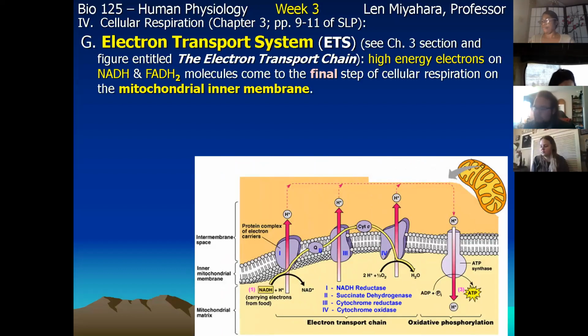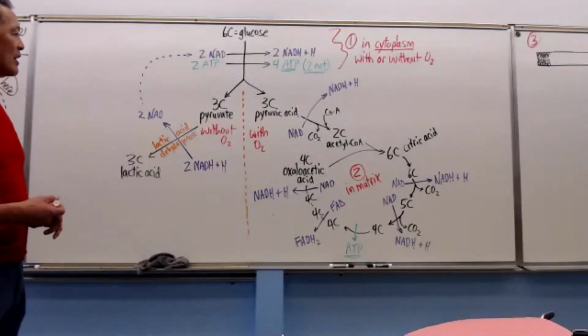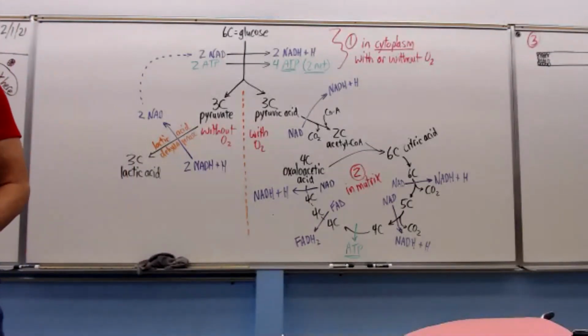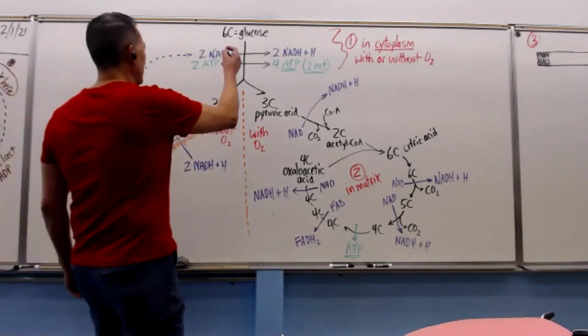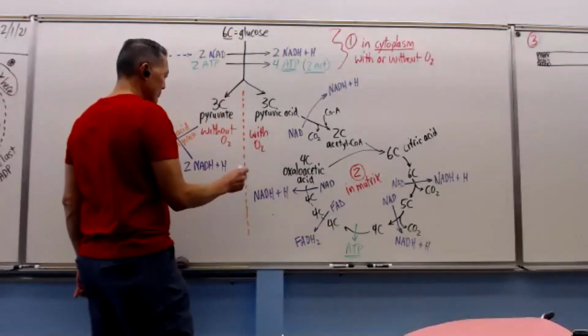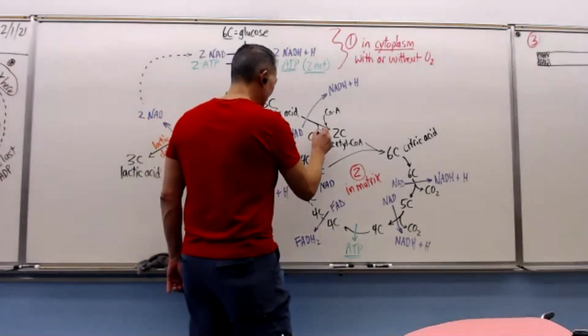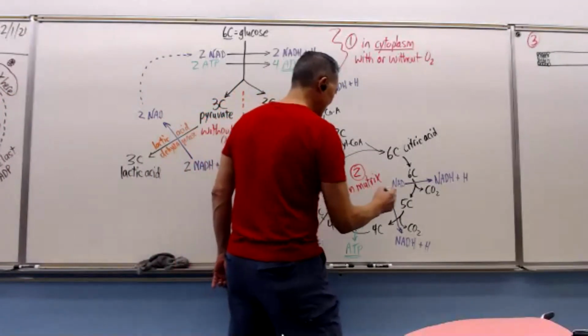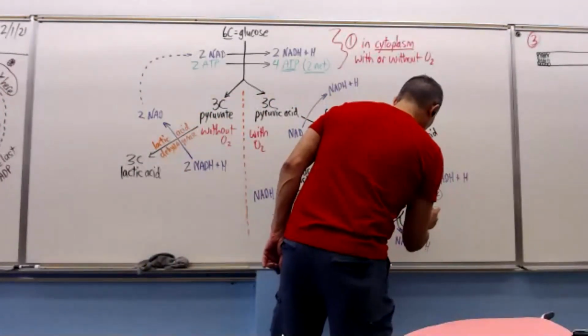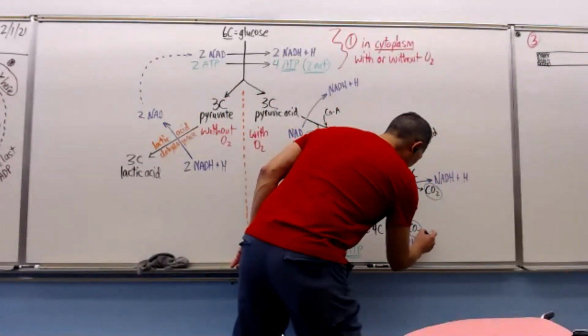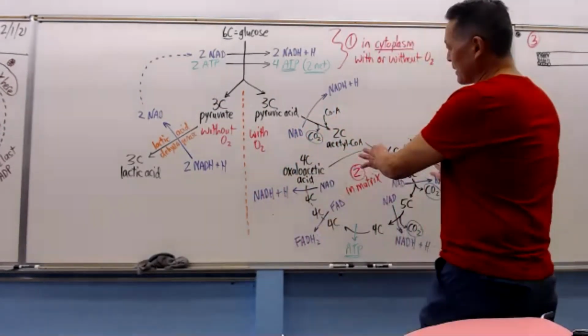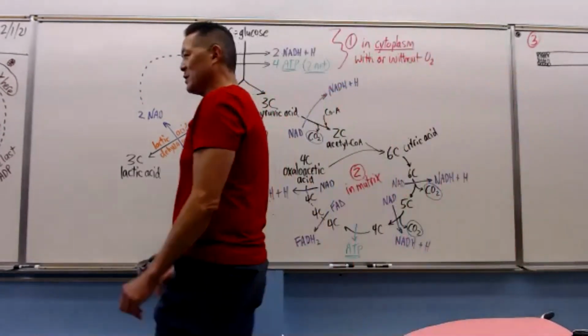Now notice on the whiteboard here, all the carbons are gone. Let's see, what color haven't I used yet? We had 6 carbons here, 3 carbons here. Out of that 3 carbon, here's 1, here's 2, here's 3. Now double it. 3 times 2 is 6.